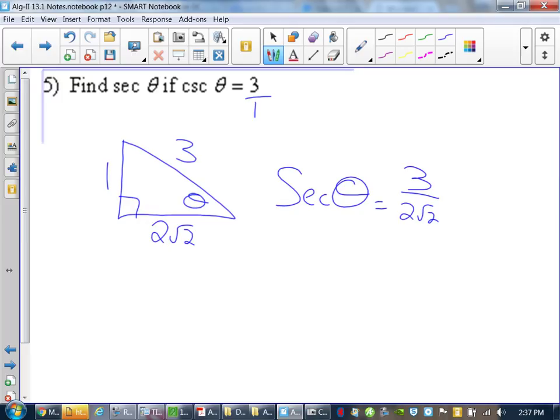Very good. Multiply top and bottom by root 2. And you get 3 root 2 over 4. But we always simplify radicals. Always simplify radicals.